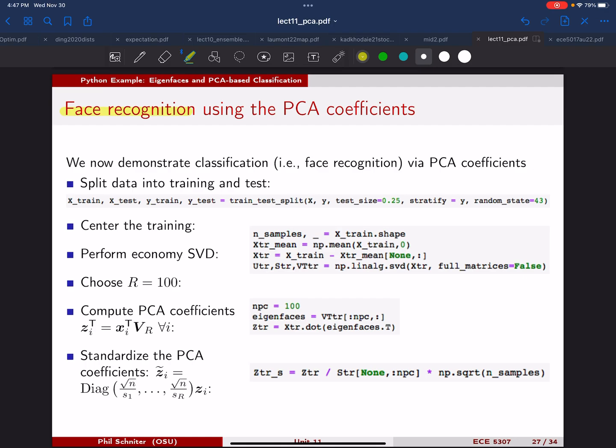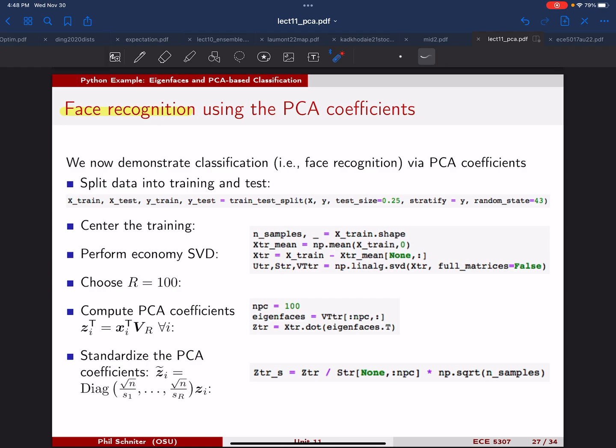The very first step would be to take our original data, split it into test and train partitions, and then center the training data. So we compute the mean of the training data and subtract that from the training data. We'll, of course, have to subtract that same mean from our test data later.